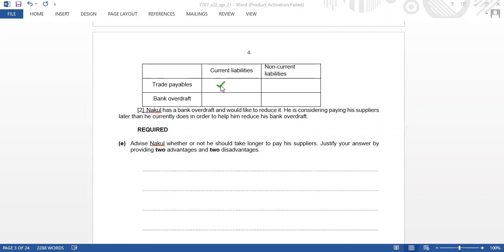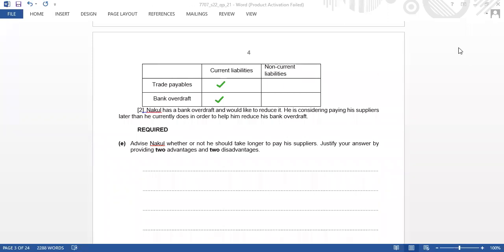That means they are current liabilities. Bank overdraft is also to be paid within 12 months, one year, so it is a current liability. Current liabilities are liabilities that are to be paid within a year. Non-current liabilities are long-term liabilities, which are paid after 12 months, after a year. That means after 2 years, after 5 years. That is a long-term period.